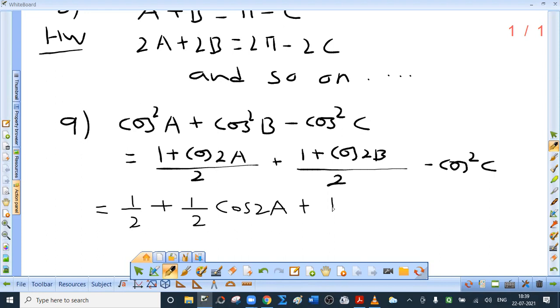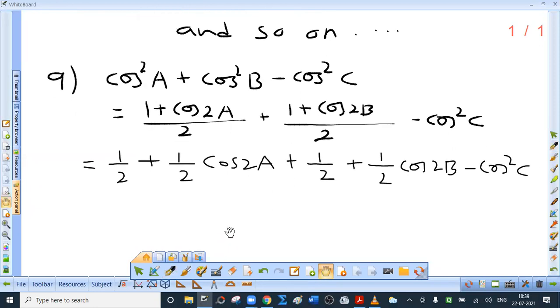So in this step, I'm just splitting the numerator. Now, half plus half is full, that is 1. Take 1 by 2 common from the remaining terms.